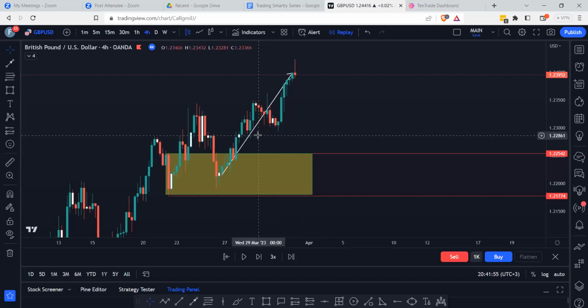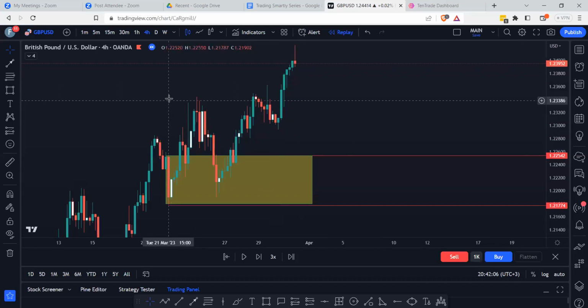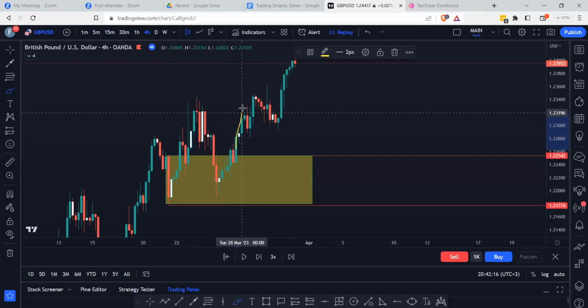Okay, let us go ahead. So price has done this. All right. So you can also see over here, let me show you something. So over here as well, you can see price going up like so. You can see this downward move and then price going up.